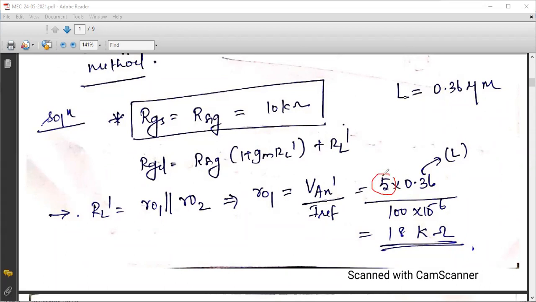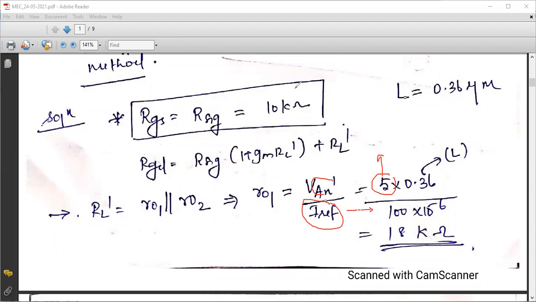The parameter is nothing but the voltage per unit length, right? Volt per micrometer as per the question. So to find the total voltage, you need to multiply this volt per micrometer with the length, that is 0.36 micrometer, divided by IREF. It is nothing but your 100 into 10 to the power minus 6 as per the question. Now if you substitute, you will get 18 kilo ohm.